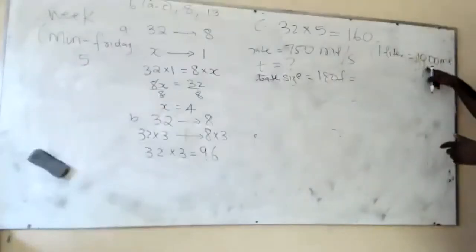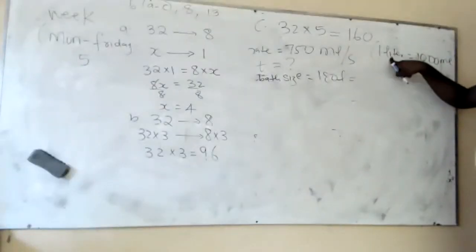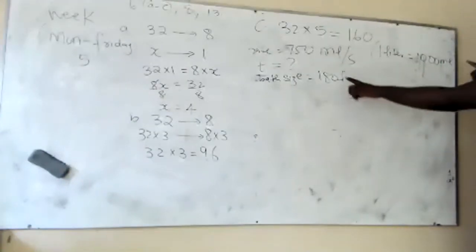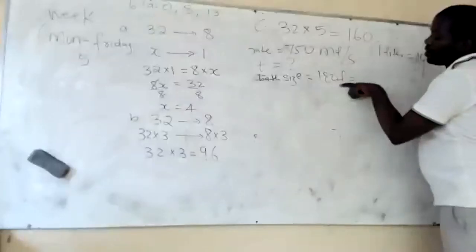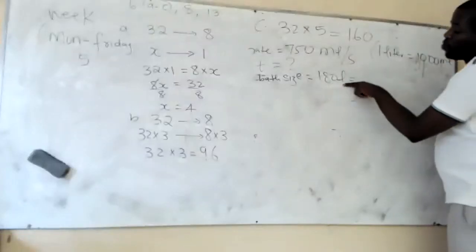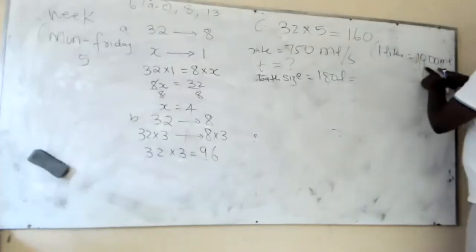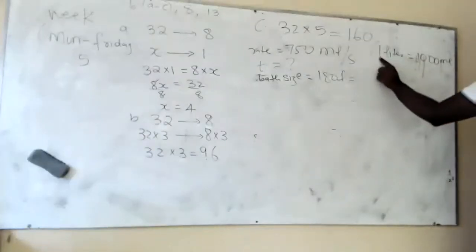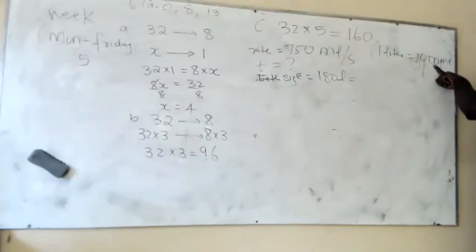You divide. Let's check. 1 liter is equal to 1000 milliliters, right? Yes. Here we are given liters. So if we want to go from liters to milliliters, what are we supposed to do? To multiply. We have to multiply, definitely, like what we have here. 1 liter is equivalent to 1000 milliliters.